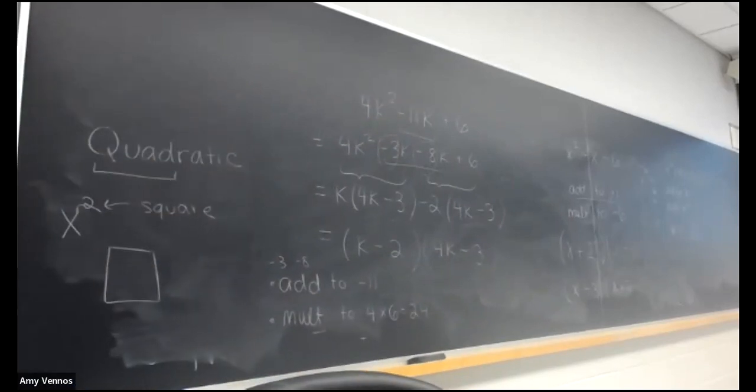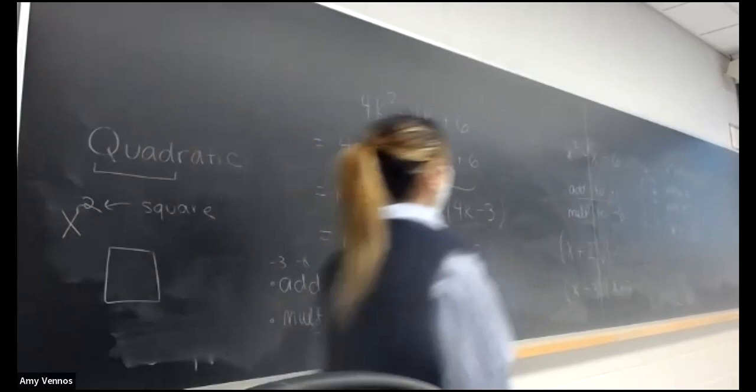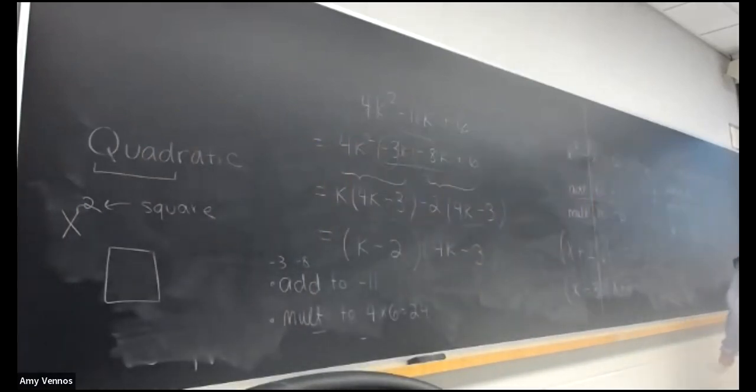In general, oh gosh, this PowerPoint did not do well on this slide. Okay. So let me make a little chart. X squared plus bx plus c, we just found two numbers and stuck them in here. Right? When we have ax squared plus bx plus c, okay, we have a number in front of our x squared.